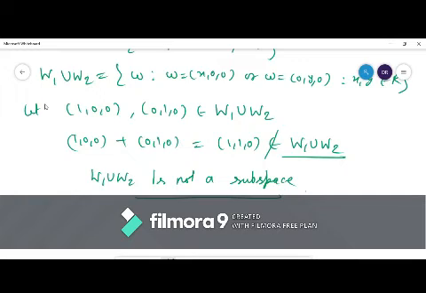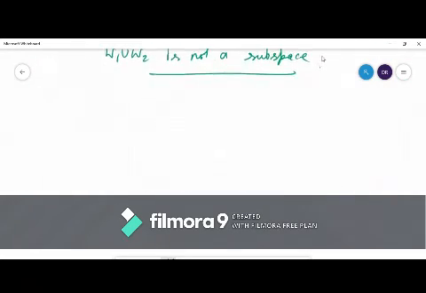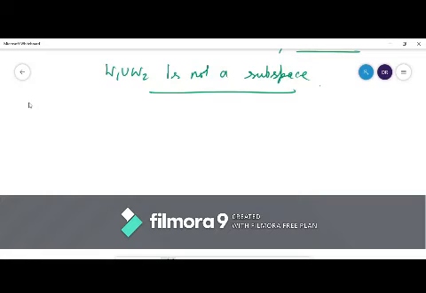Now we have some examples of subspaces. We prove some examples of subspaces.